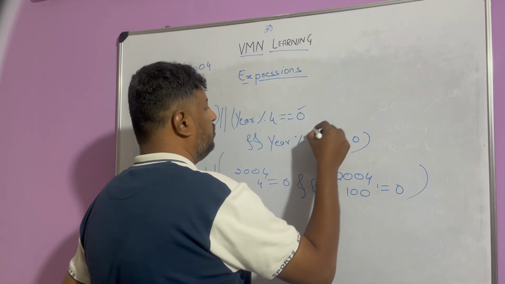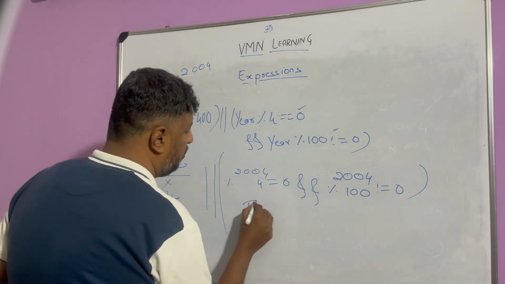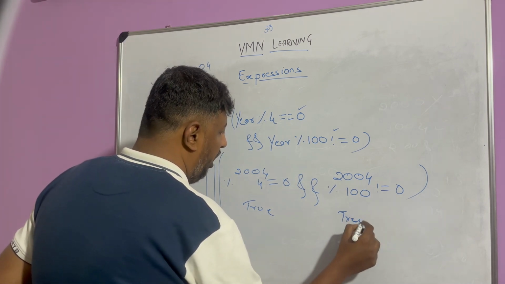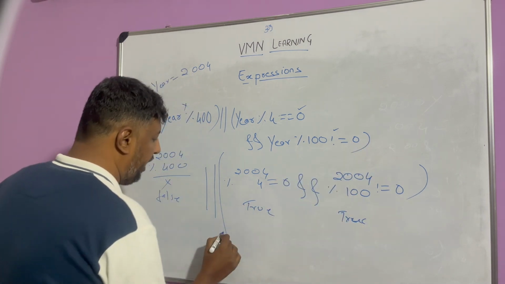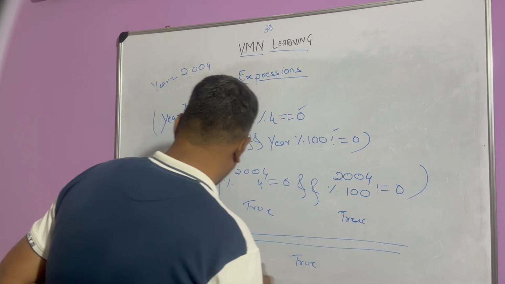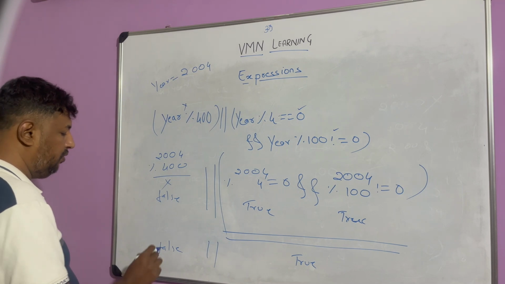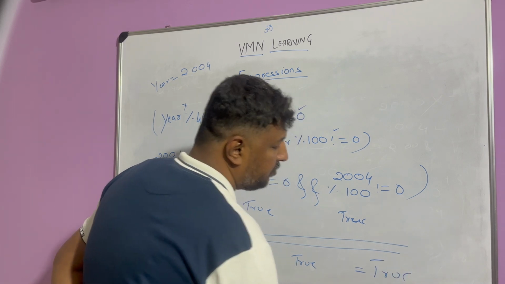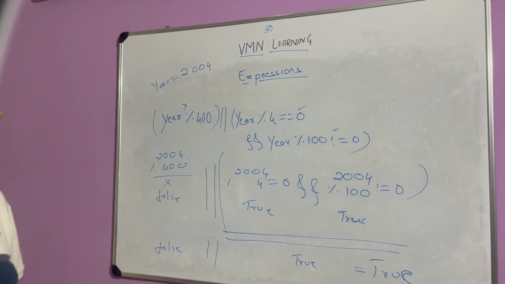So this is also true. This is false, this is true, true. As these two are true, the whole value will be true. False or true is always going to be true. Okay, so 2004 is a leap year.